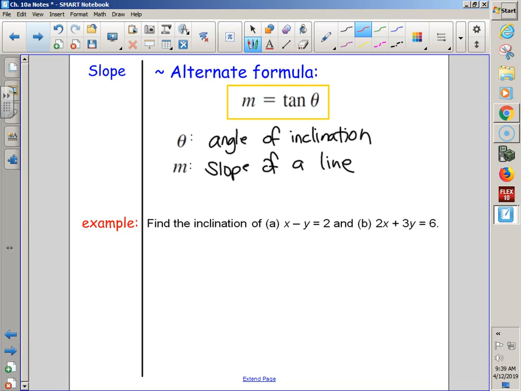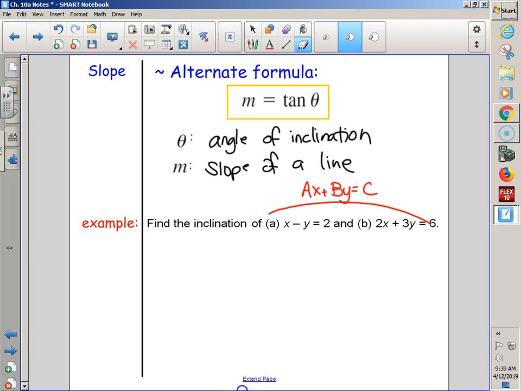However, as you guys were saying a second ago, if you're given lines, do we like seeing a line in ax plus by equals c, aka standard form? Do we like that at all? No. We don't like standard form because standard form is messy. So when I asked you about slope, I wanted you to go to rise over run, but you went to, this is the equation of a line I like best.